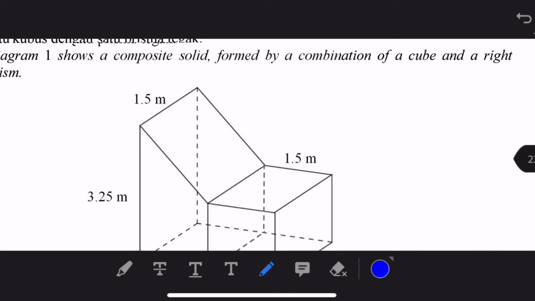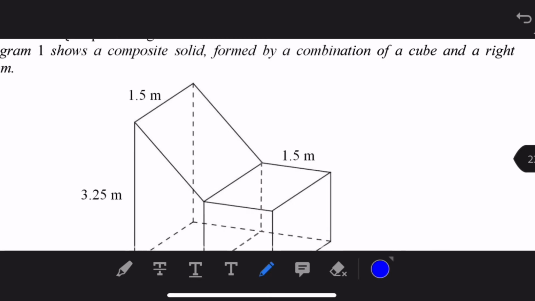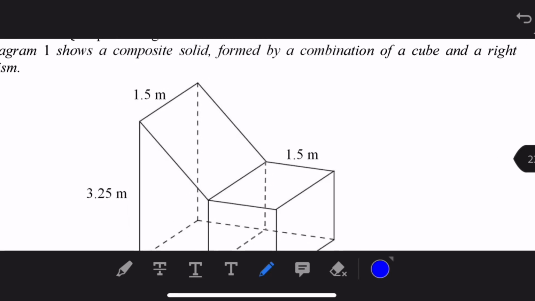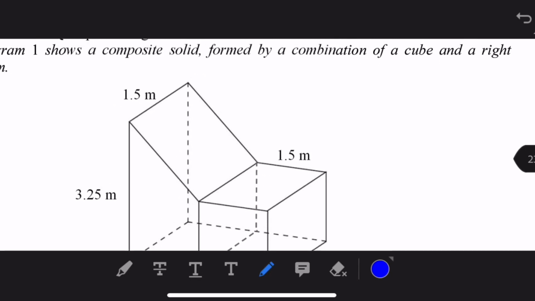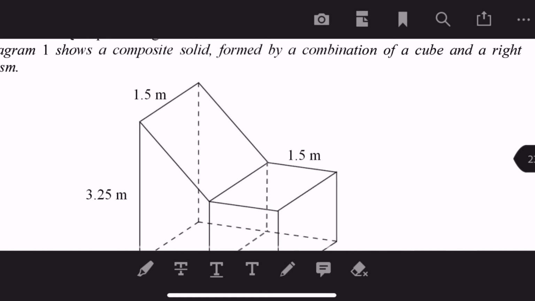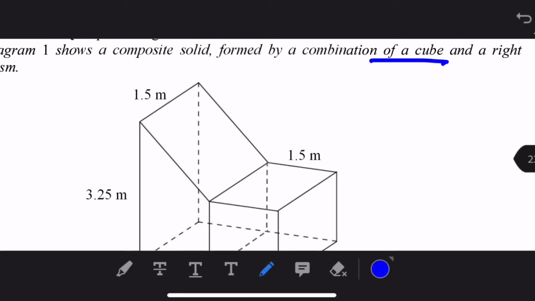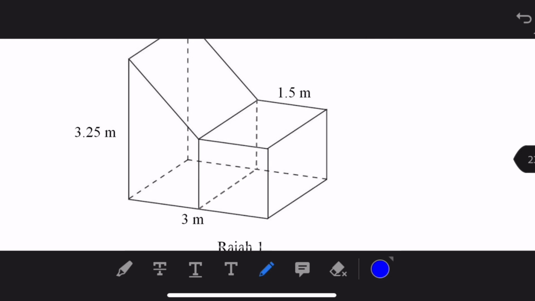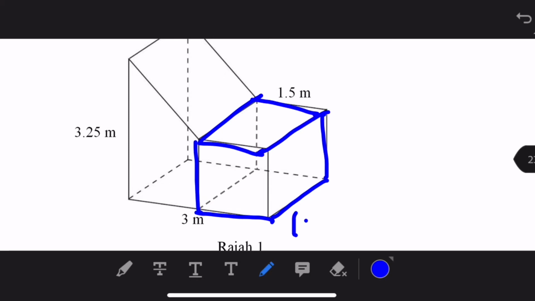Okay, diagram 1 shows a composite solid from a combination of a cube and a right prism. So the formula for the cube: we just identify the cube here. So this is a cube, this is a cube. So for the cube, actually we want to see here is 1.5, right?